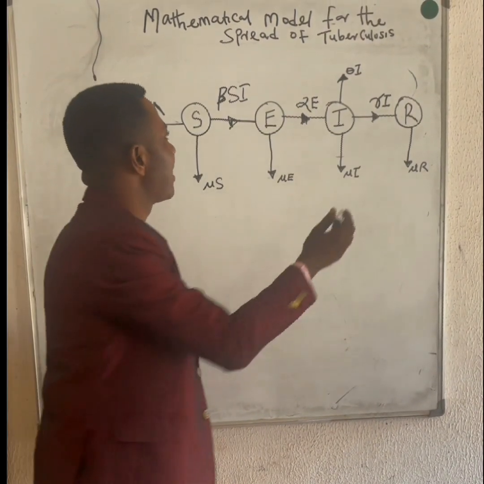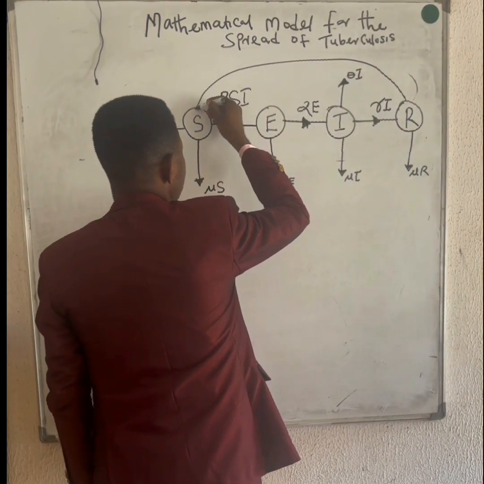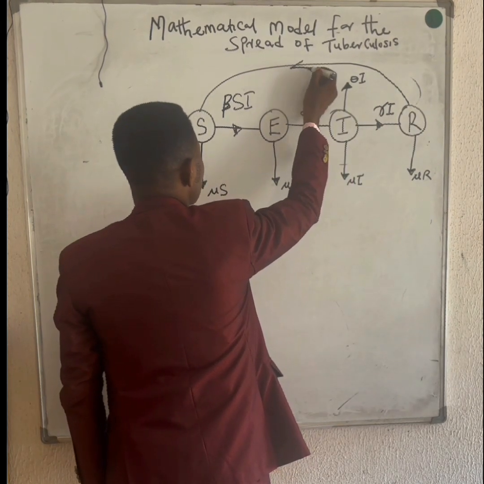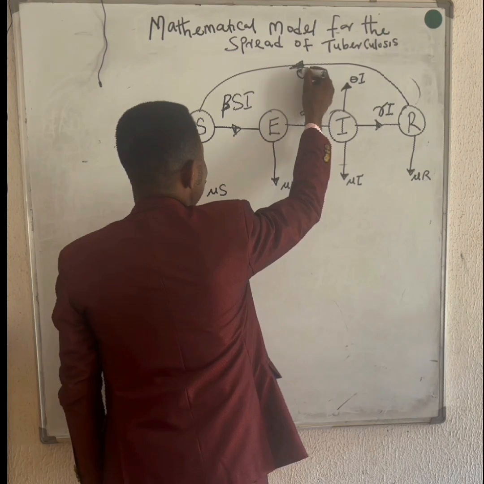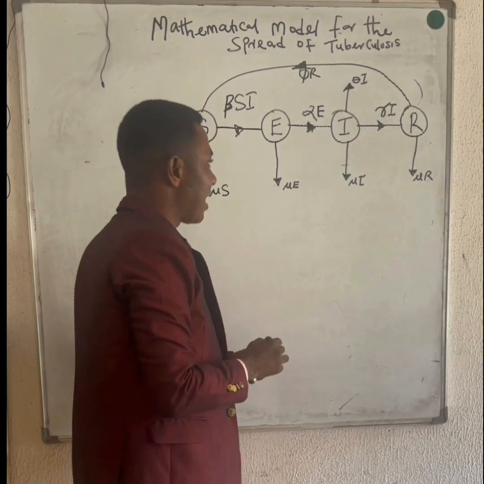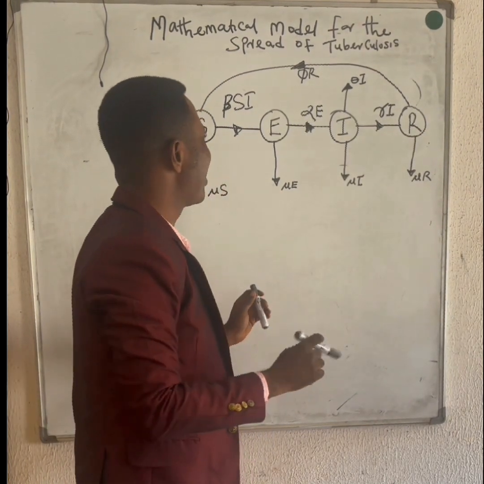That is why there must be an arrow or a connection here. Those people in this population can still progress to that one. Let's use phi R. So phi is the rate at which they recover and become susceptible again.